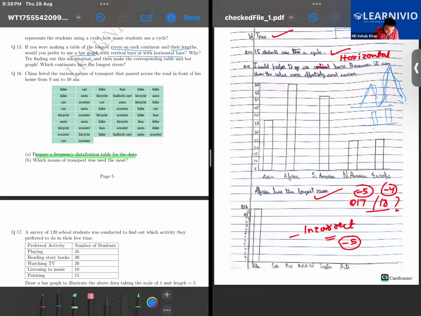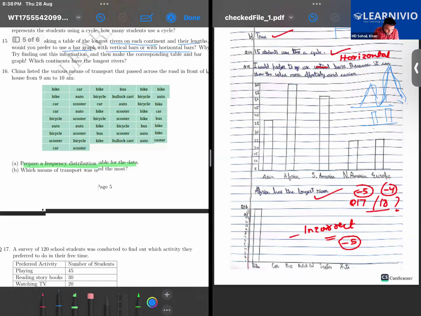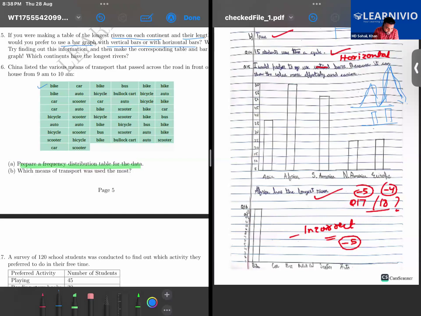So you have to see in this, the bike is considered the maximum number of times as the mode of transport. 1, 2, 3, 4, 5, 6, 7, 8, 9, 10, 11, 12, 13.